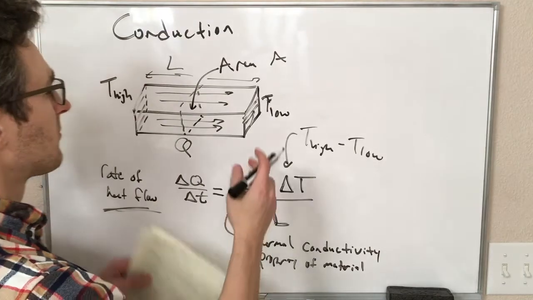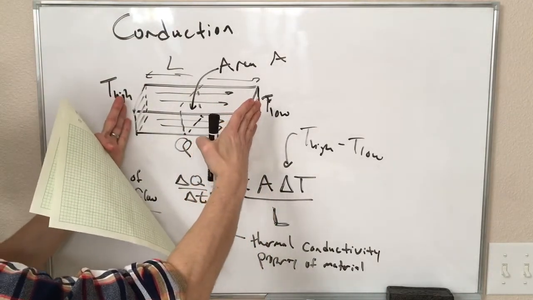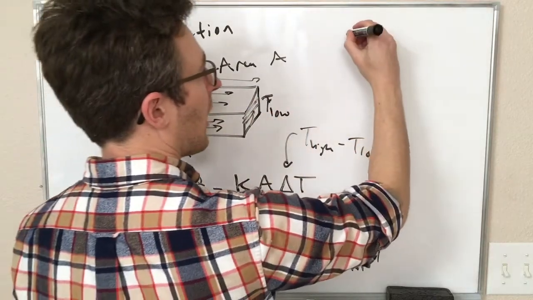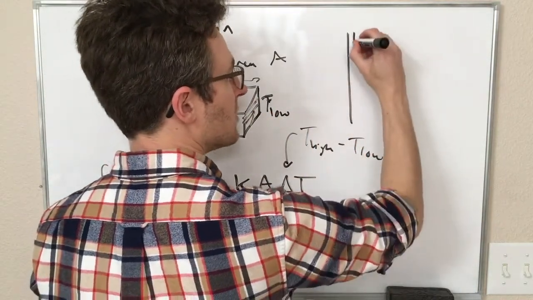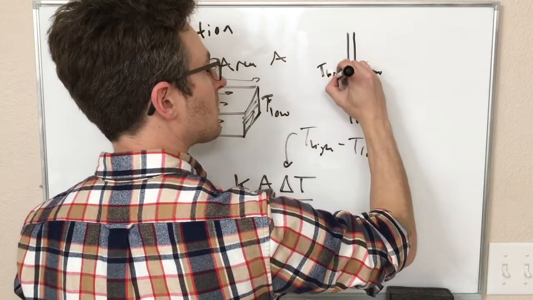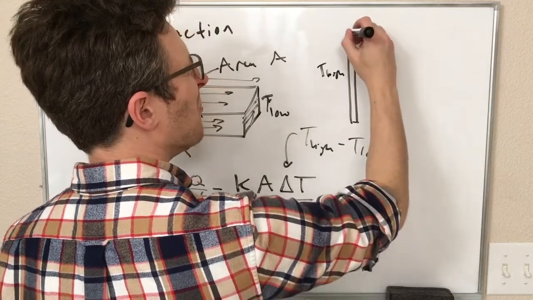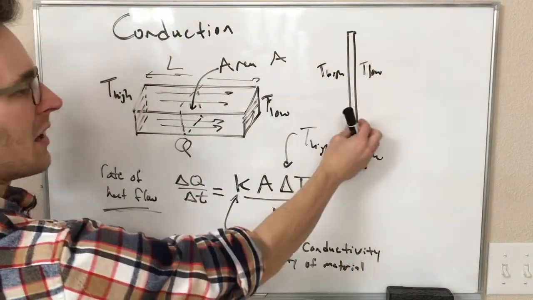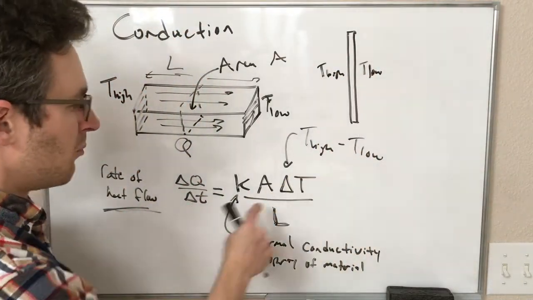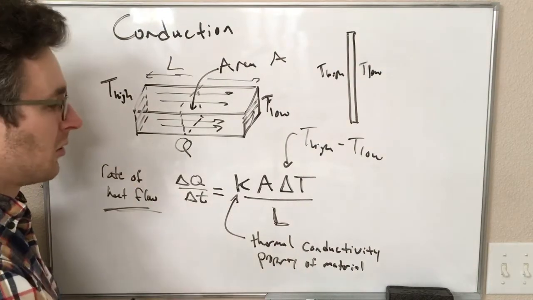So if we imagine taking this and smushing it like that, so our high temperature and our low temperature are close together, and so we have a big area and a small length. Big area and small length is going to give us a big heat flow.